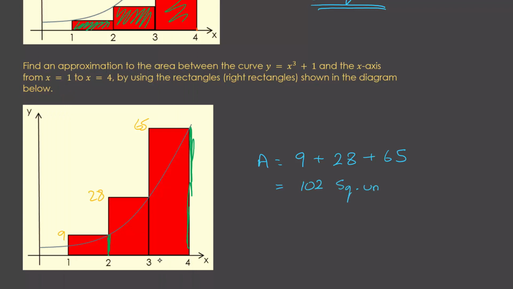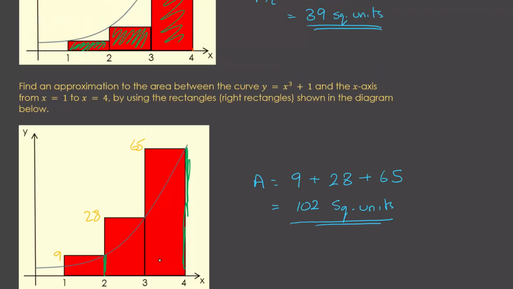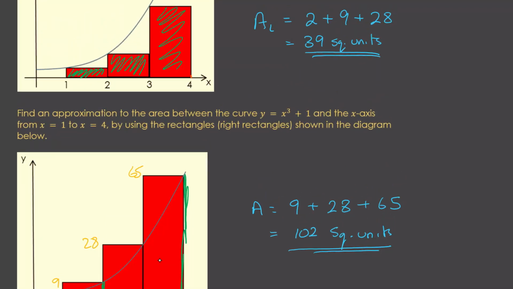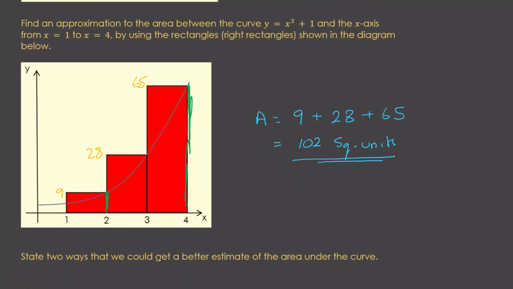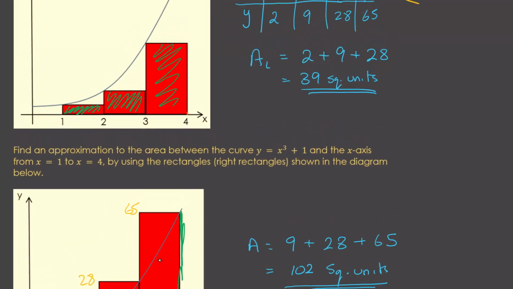So we can see that these two different estimates are quite a long way apart, 39 and 102. State two ways that we could get a better estimate of the area under the curve. Well, if you think about the first one, we already mentioned that we've got some area that we didn't count, and that's why that one's a huge underestimate.